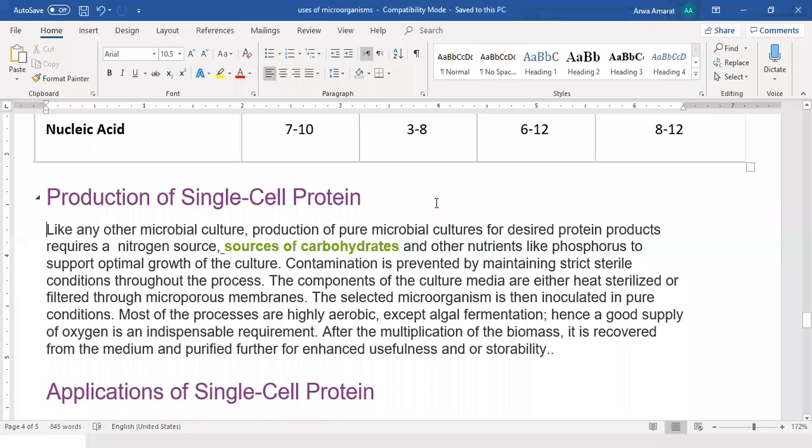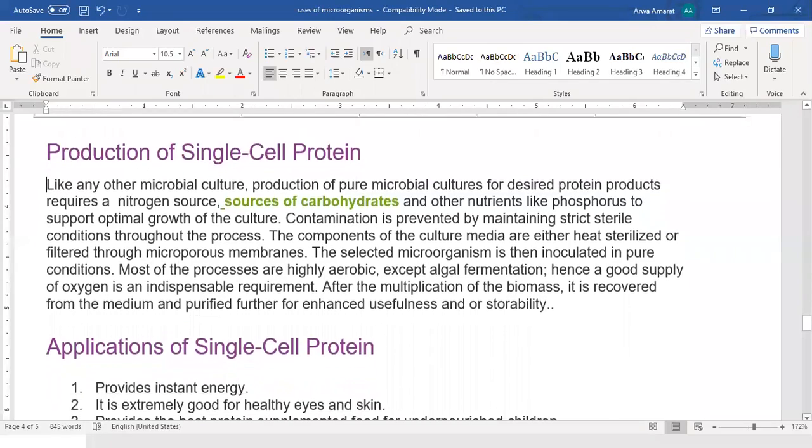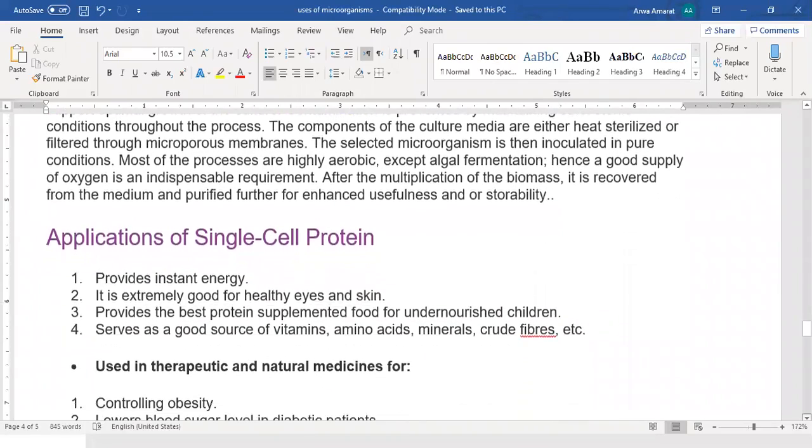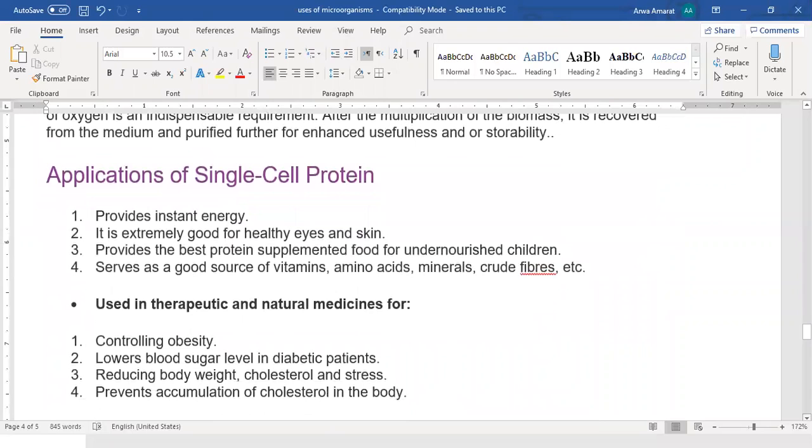Now, when we produce this type of protein, we also have to sterilize it from the bacteria. We filter it and we sterilize it, and we purify the proteins and use them. What are the applications?